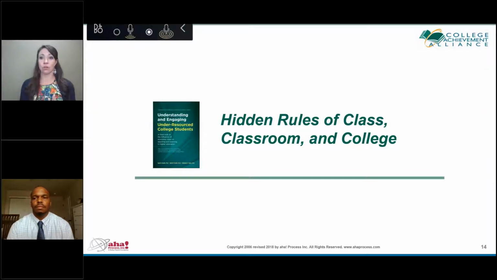You're going to have your secure attachment people who will realize that there are hidden rules to this college life, and they're secure enough to go out and find out what those things are. What are the things that they need to know to be successful? And then you're going to have some of those other students who don't know, or maybe they pull back and they're just like, I can't do this and I give up because I don't understand this stuff.